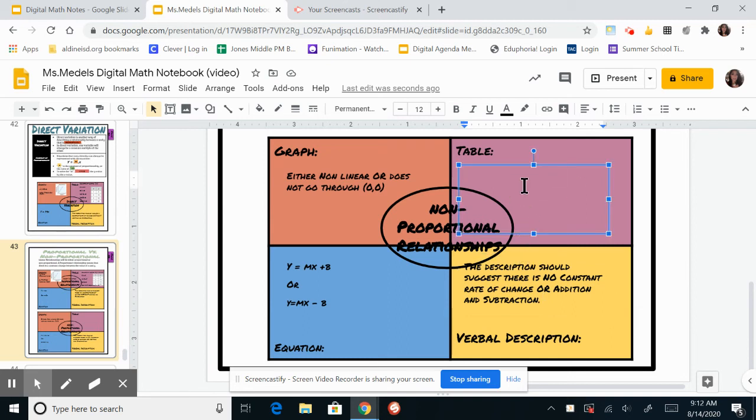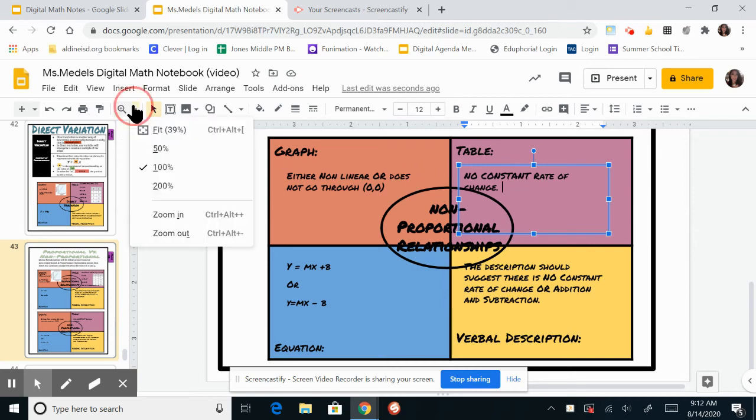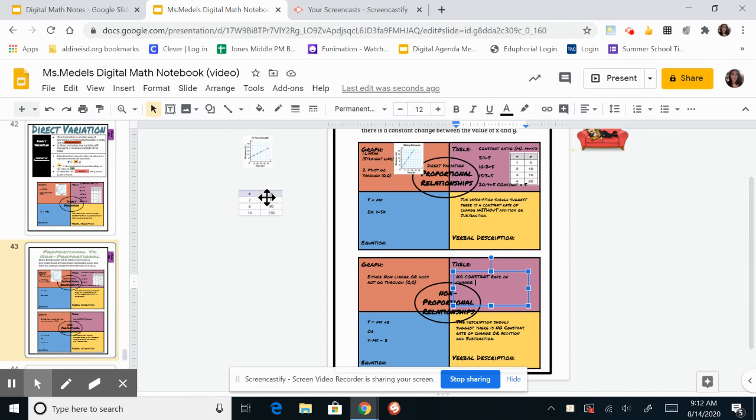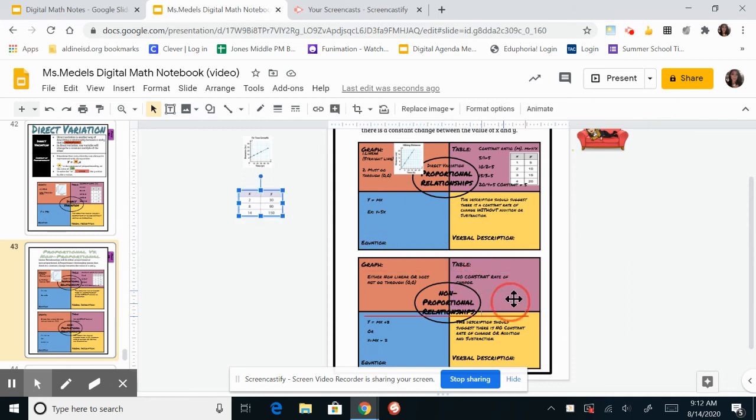And finally, your table, there is no constant rate of change. So that means when you have your table and you divide all of your y's and your x's, it's going to give you all kinds of crazy numbers. So for example, I have this table right here.